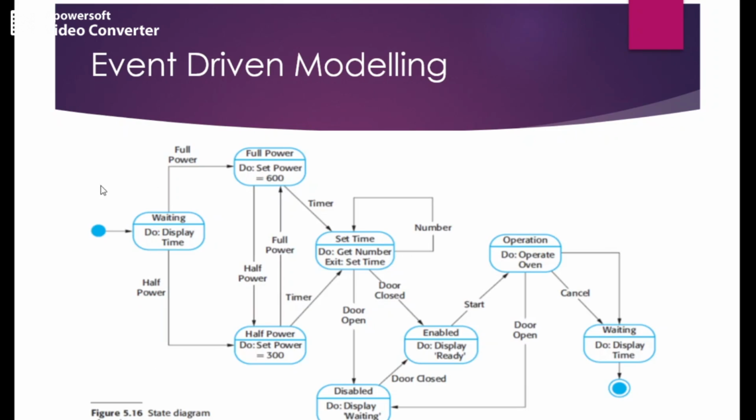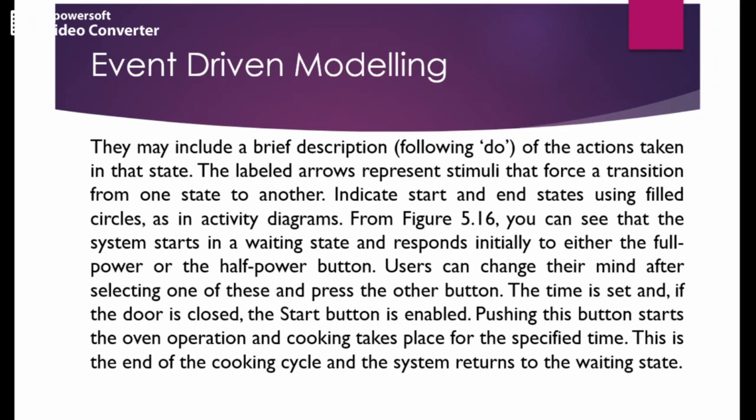So what will it do? It has to display the time. Here you can select either full power or half power. This is actually the stimuli or the event. Once this event occurs, some transition will happen.